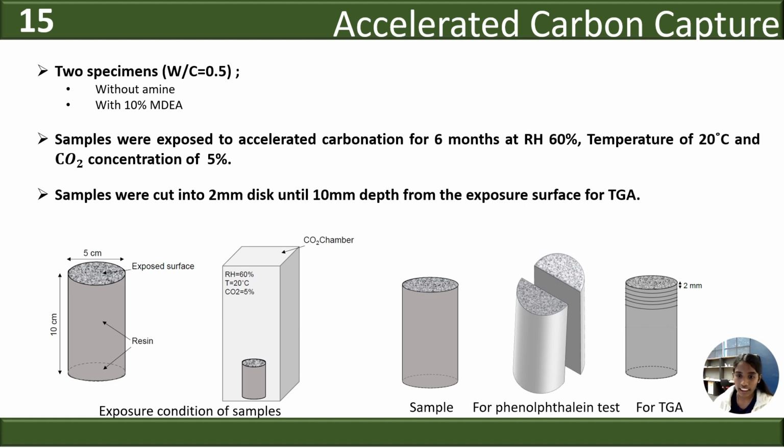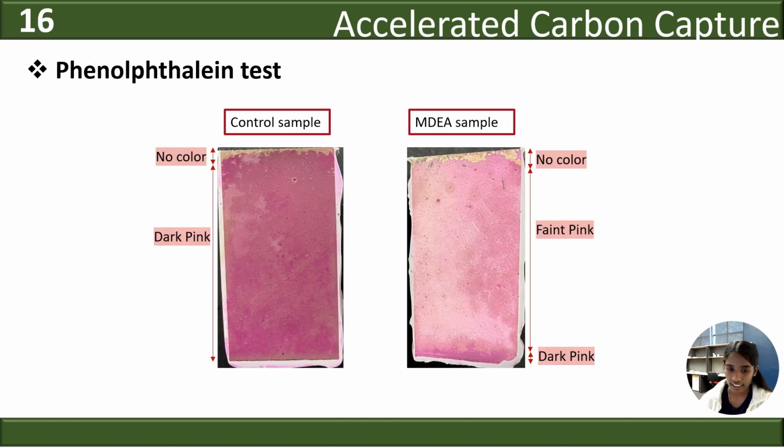Then we studied the accelerated carbon capture for the MDEA amine with 10%, as we got it as the optimal percentage. We exposed this to accelerated carbonation for 6 months and then split it for the phenolphthalein test and TGA analysis.